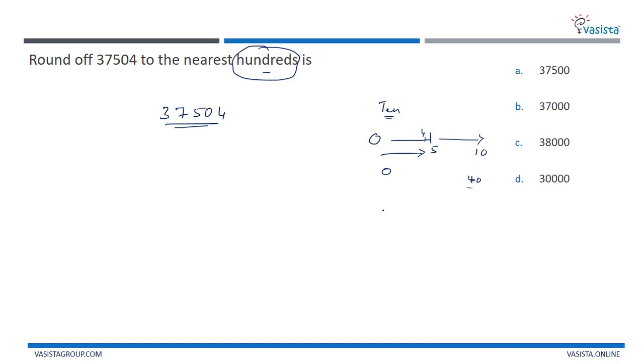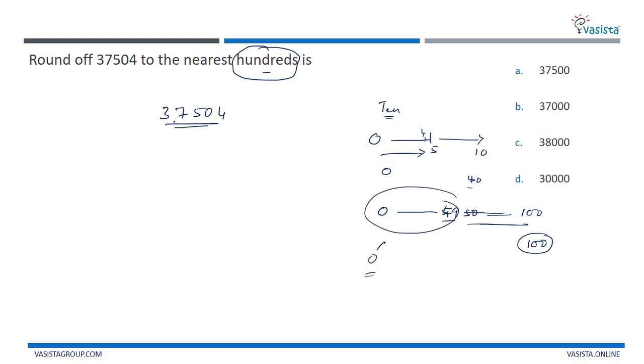But in case of 100, that is 0 to 49, and 50 to 100. So 50 to 100 you are going to round it off to 100. 0 to 49 you round it off to 0.